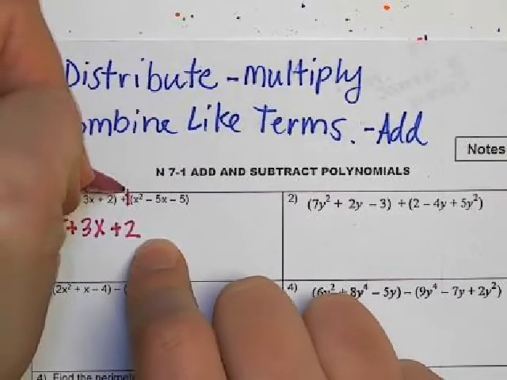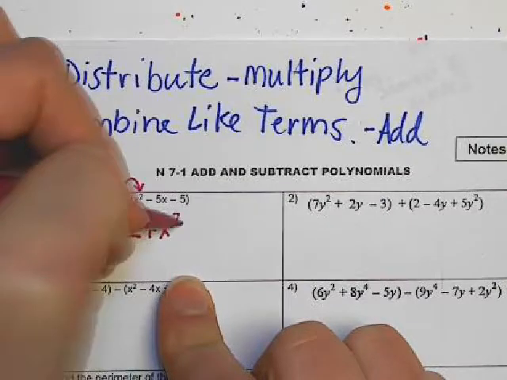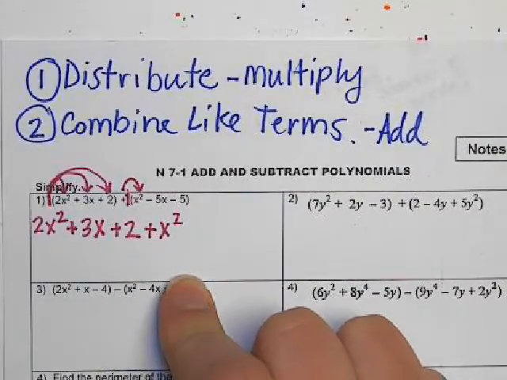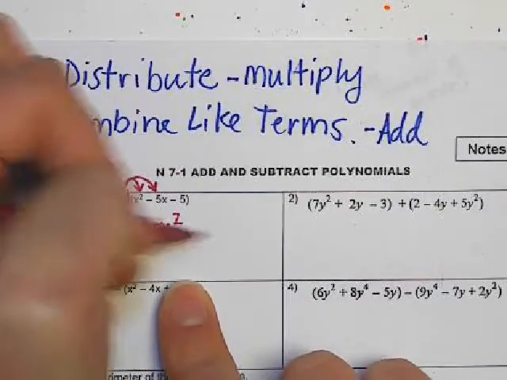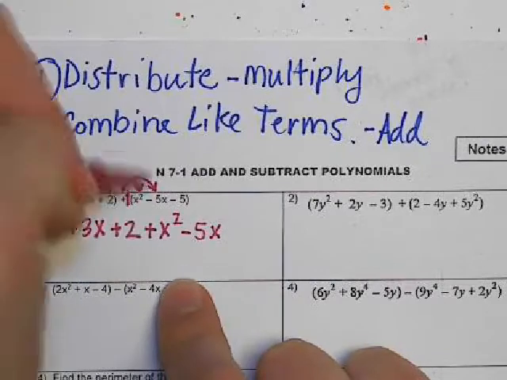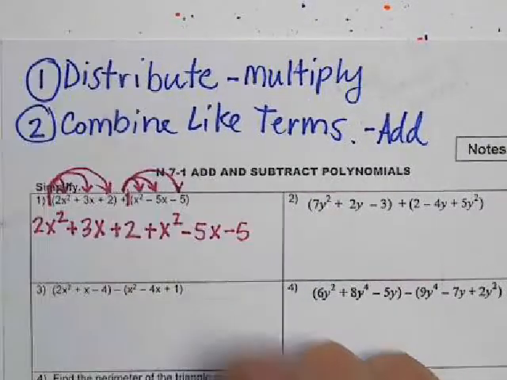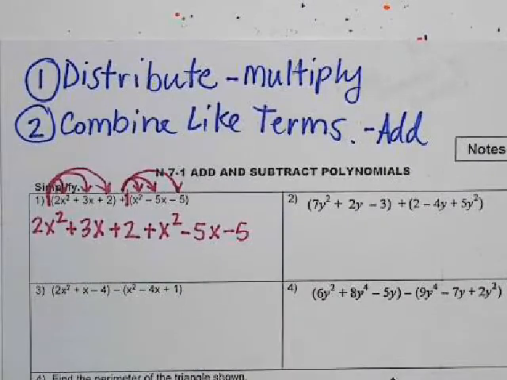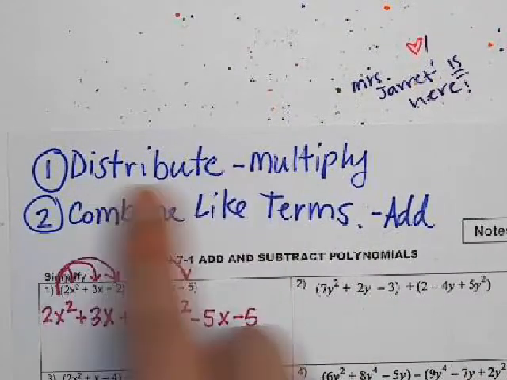So 1 times x squared is just positive x squared. Remember, we're multiplying. 1 times negative 5x is negative 5x. 1 times negative 5 is negative 5. Everybody should be writing this with me. That was step 1. We multiplied.